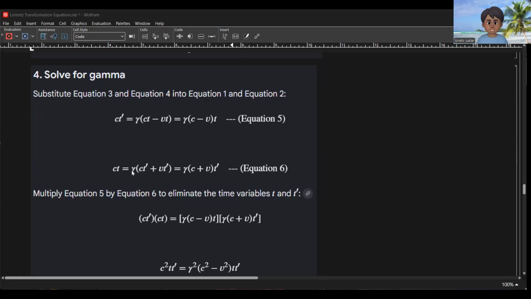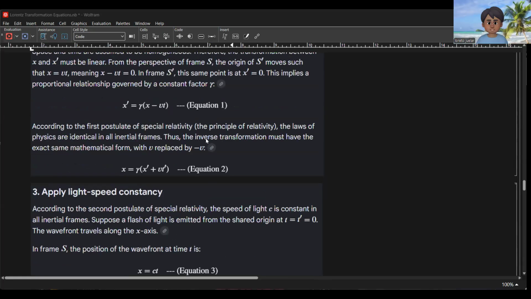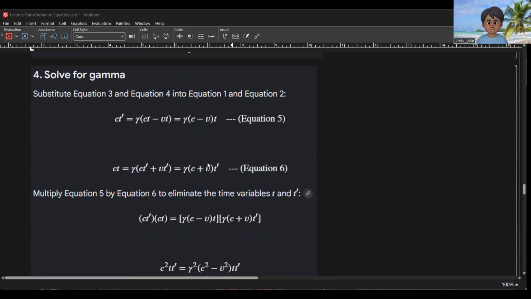Therefore, the ct here, we have gamma times ct prime plus vt prime equal to gamma times c plus v times t prime here. So this is by substitution, substitute equation 3 and equation 4 into equation 1 and 2. So we have equation 3 and 4, we have equation 1 and 2 here. So by substitution.